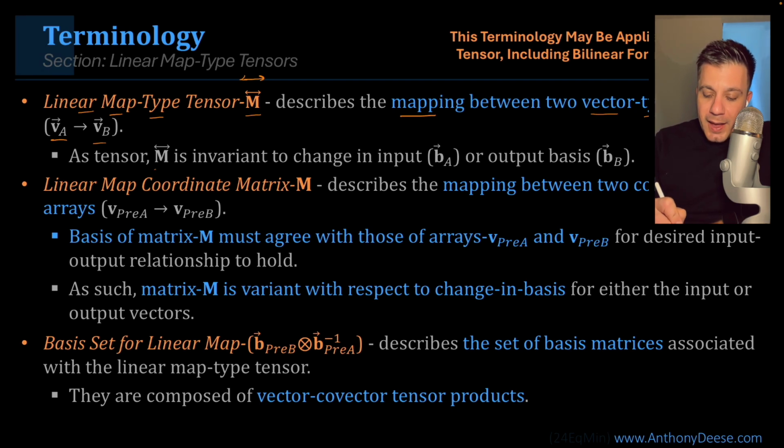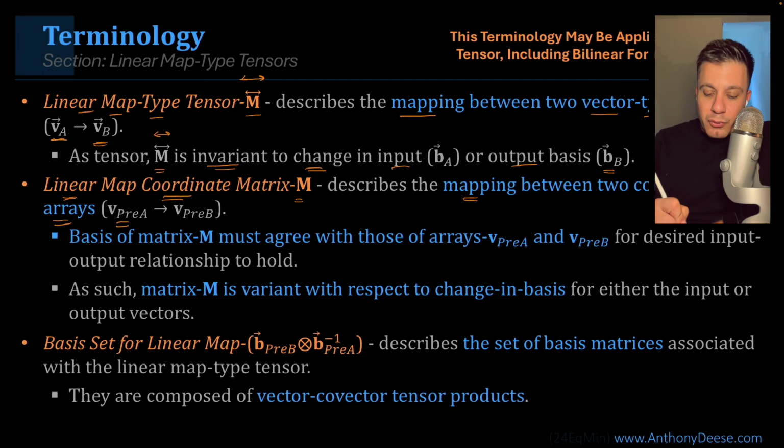As a tensor, M with the bidirectional arrowhead is invariant to change of input or output basis. Then we have the linear map coordinate matrix M. It defines the mapping between the two column type coordinate arrays associated with VA and VB.